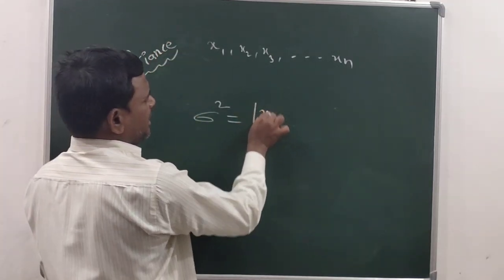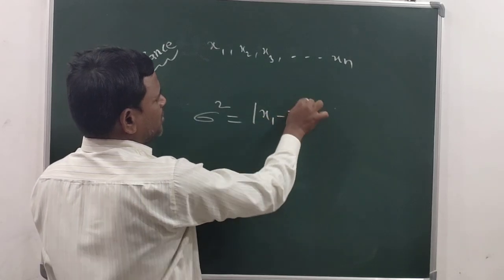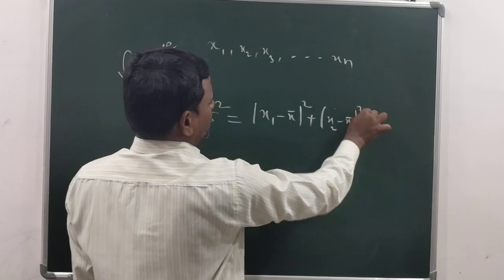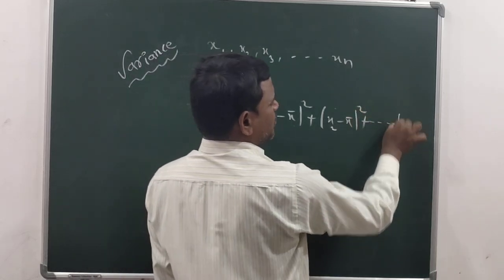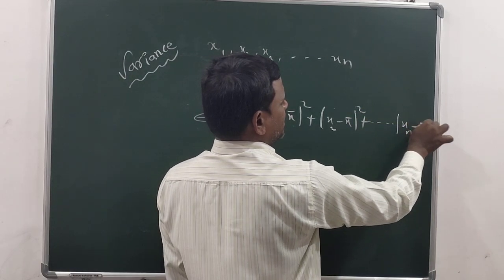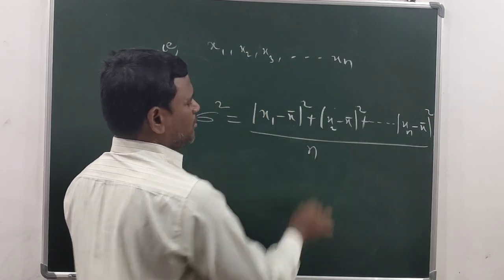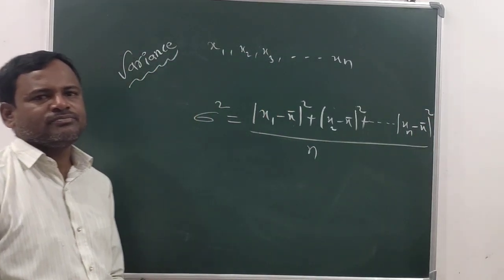So it's here xi minus x bar whole square. So x2 minus x bar whole square and so on. Xn minus x bar whole square whole by number of observations n.